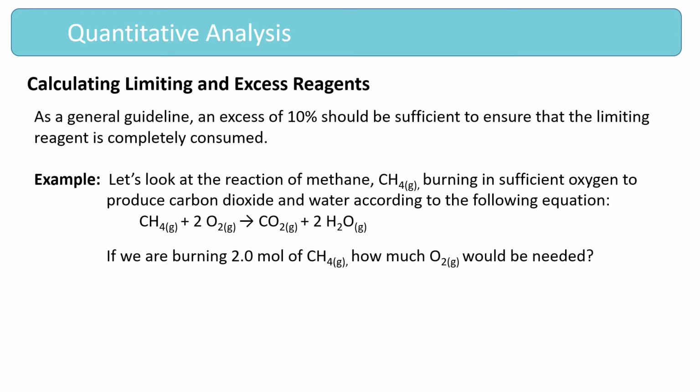So here's an example. Let's look at the reaction of methane, CH4 as a gas, burning in sufficient oxygen to produce carbon dioxide and water according to this given formula. If we are burning 2.0 mole of CH4 gas, how much O2 would be needed?